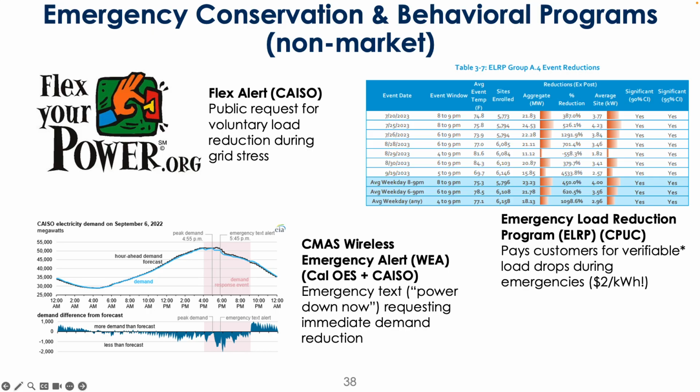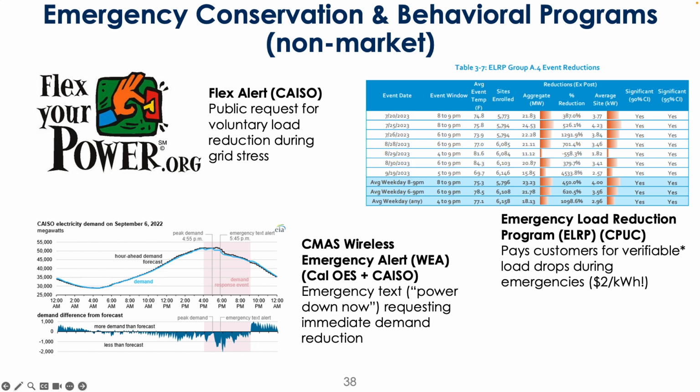And then I think this is kind of born out of the sort of Flex Alert program. It's kind of connected in certain ways, but sort of this wireless emergency alert. And so for those of you who were around in 2022 in California, maybe you remember this, on September 6th, most people in California would have received a text that basically said, oh, we're in an emergency situation, we're running out of electric capacity, please conserve power.